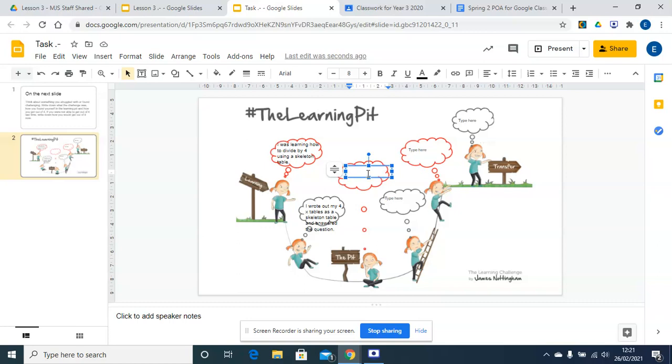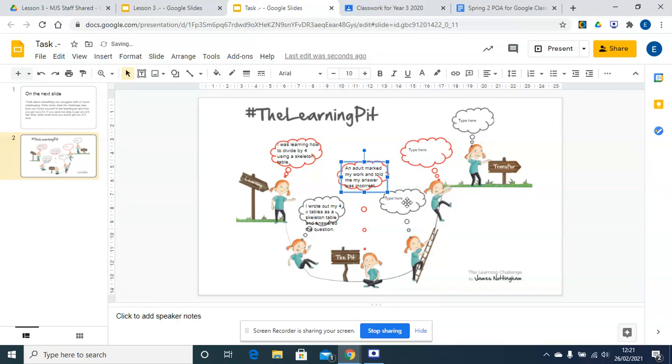So I'm going to say an adult marked my work and told me my answer was incorrect. Okay, right. So that's when you're really in your pit now, okay? This is where you're confused, you can't work out why your answer's wrong.